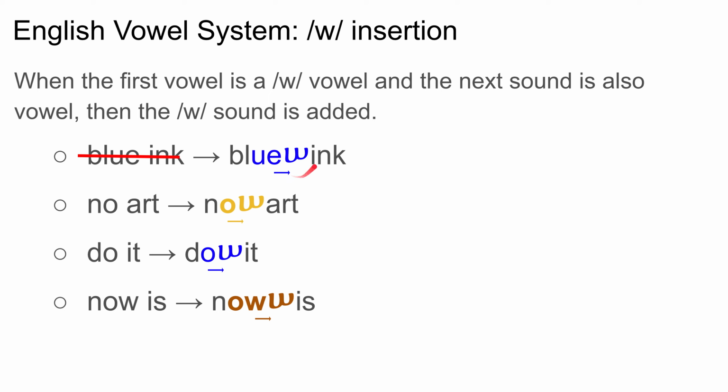You can hear that W. We don't say no art, we say no wart. Okay, we add that W sound. We don't say do it, we say do wit. You can hear that W sound. And we don't say now is, we say now wis. We add that W sound.